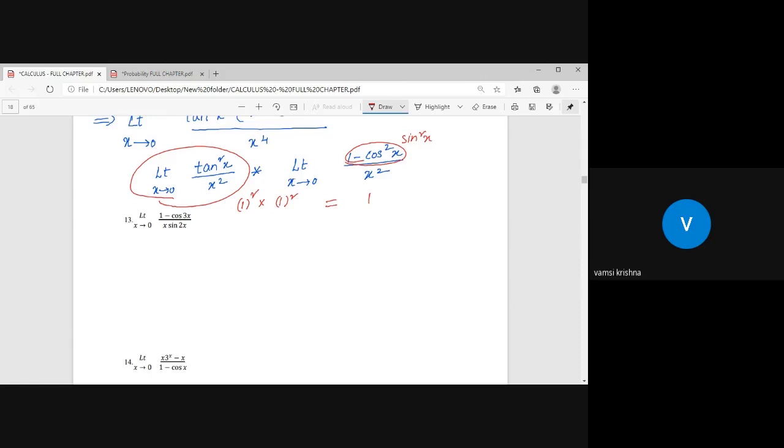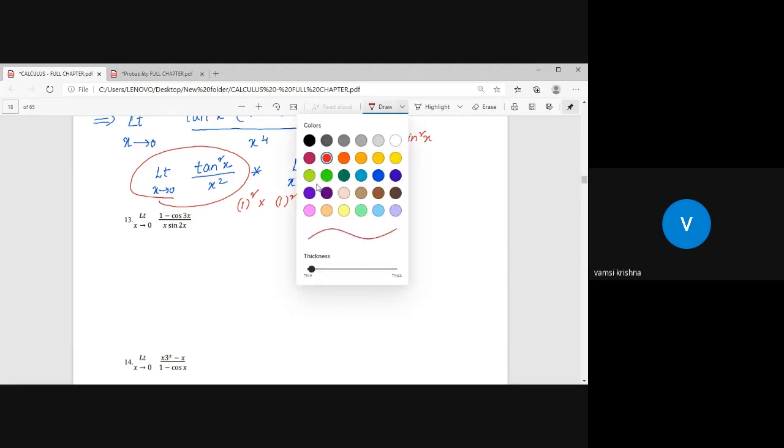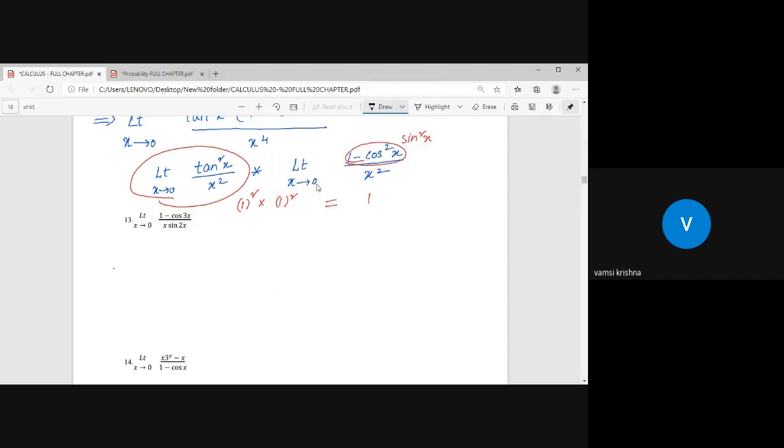Next example is this: 1 minus cos 3x by x into sin 2x. So let us distribute this.